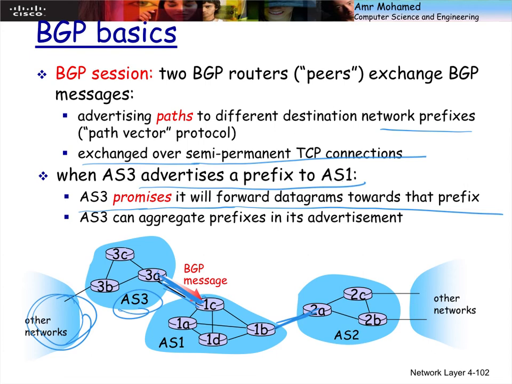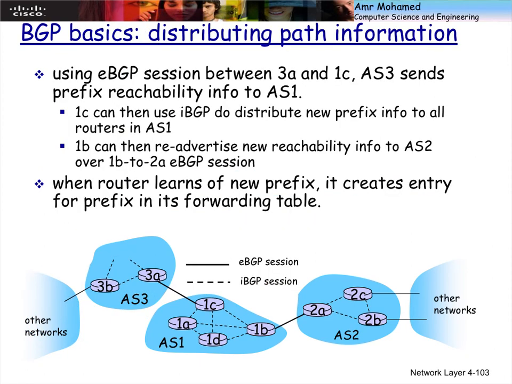So the policy allows it. There is a policy or service level agreement between AS3 and AS1 to route the traffic to a specific network through AS3. AS3 may aggregate all these prefixes, as we said, through route summarization. So here I report the advertisement for the entire IP address range in one route update. Okay?